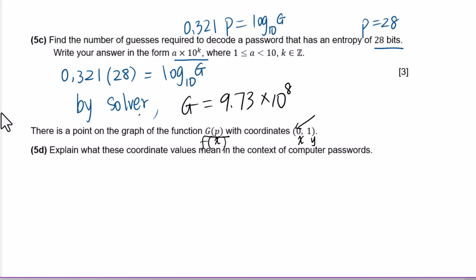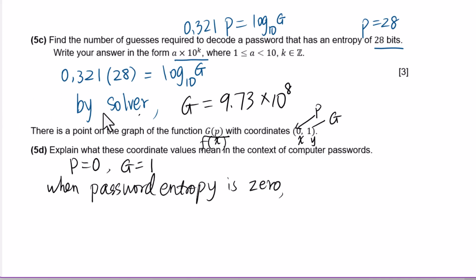For the G of P function, P equals 0, G equals 1. P stands for entropy of the password. G means number of guesses. So when the entropy of the password is 0, a single guess can decode this password.